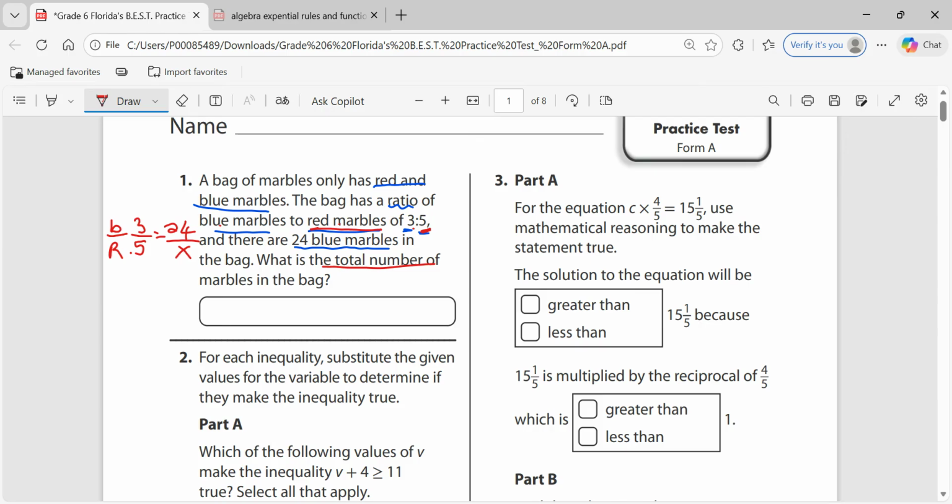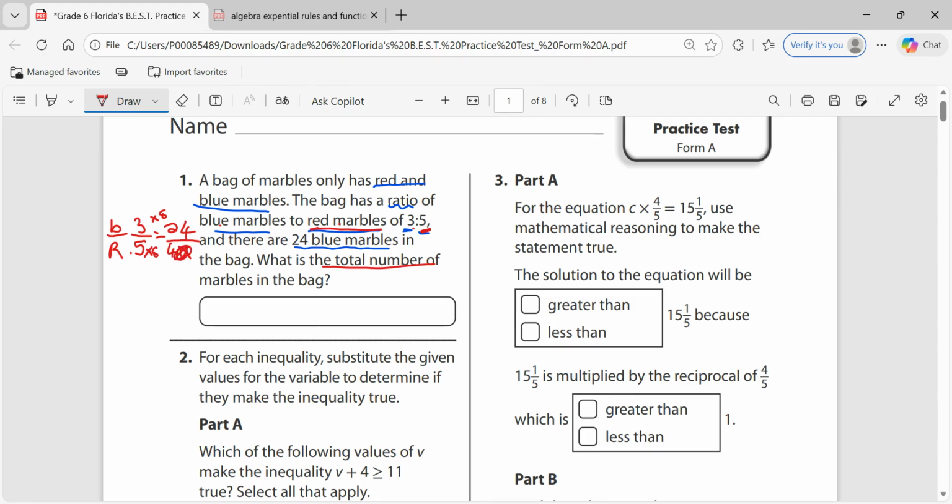All right. Couple ways we could do this. We could think equivalent fraction, or we can use bat and ball. From 3 to 24, I would have multiplied by 8. From 5 to get to x, I would need to multiply by 8. And 8 times 5 is going to give us 40.